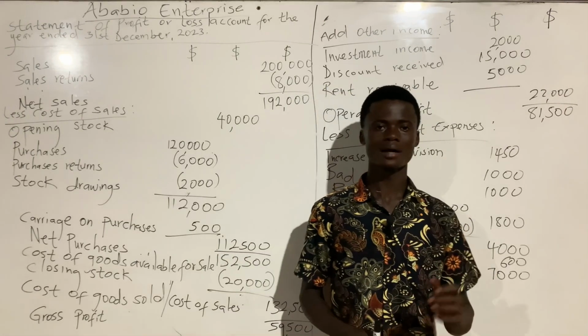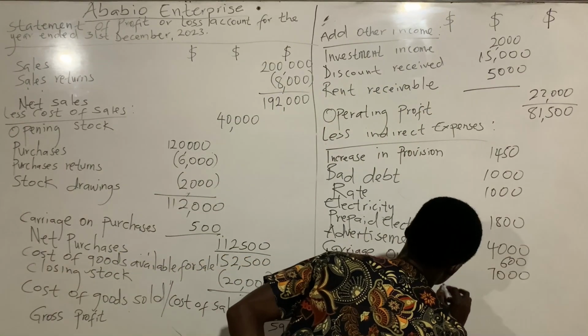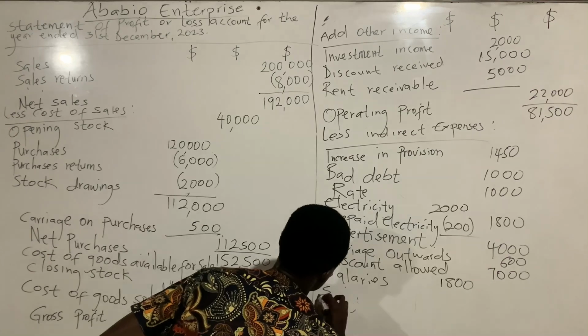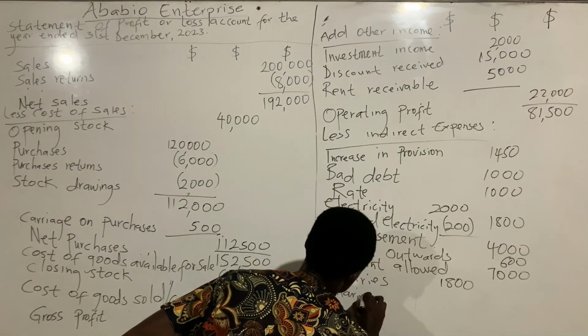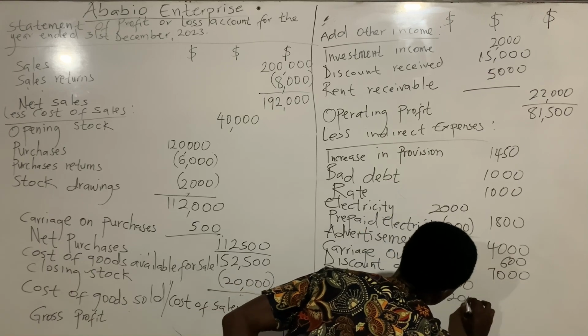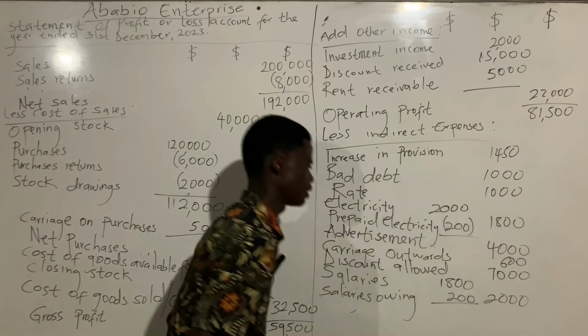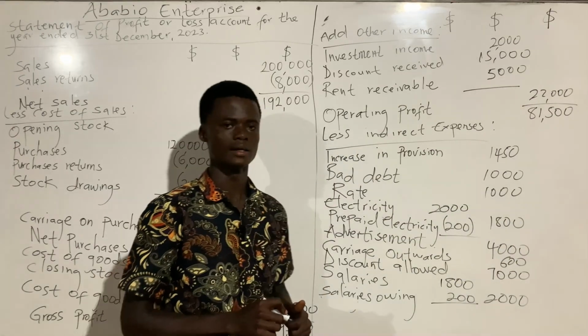So this is 1,800, and we will add the salary owing of 200 to get $2,000, and that's the salary expenses incurred.